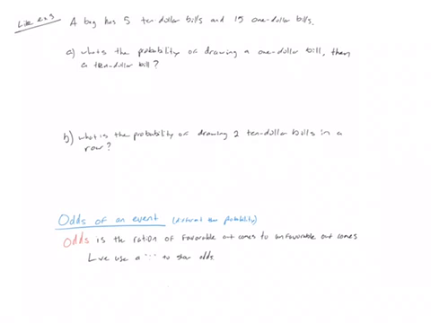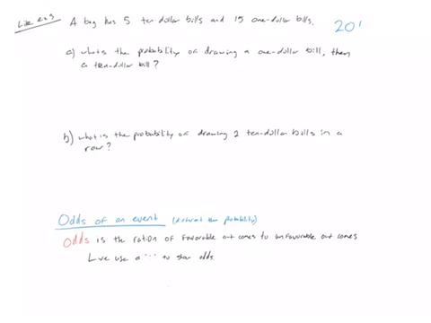Alright, this is like example 3. It says a bag has 5 $10 bills and 15 $1 bills. What is the probability of drawing a $1 bill, then a $10 bill? So I guess the first thing we need to do is figure out how many bills there are in there. And since they're all the same size, if you're reaching in without looking, you can't know which one is which.